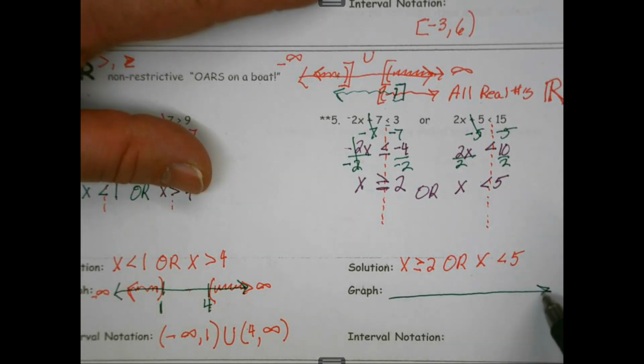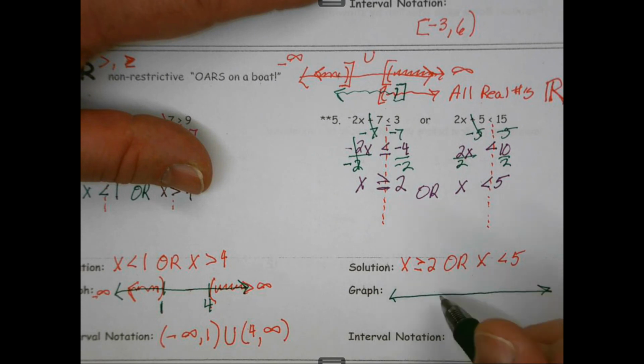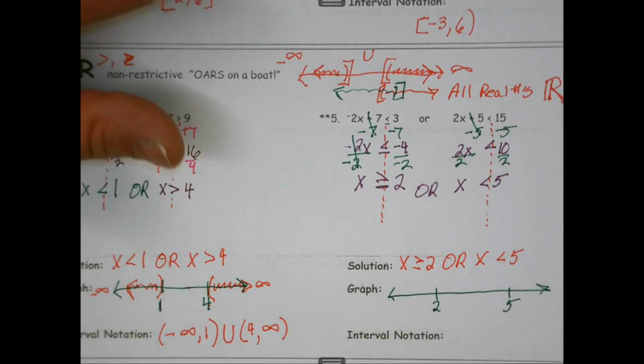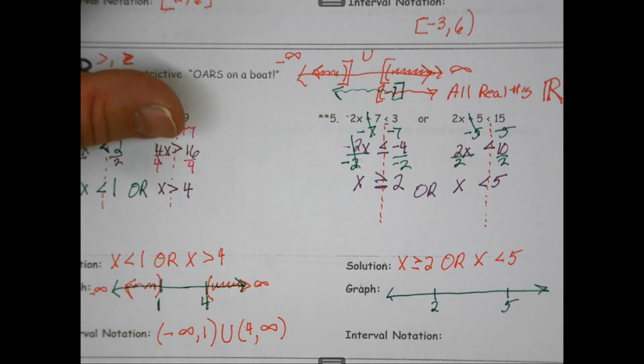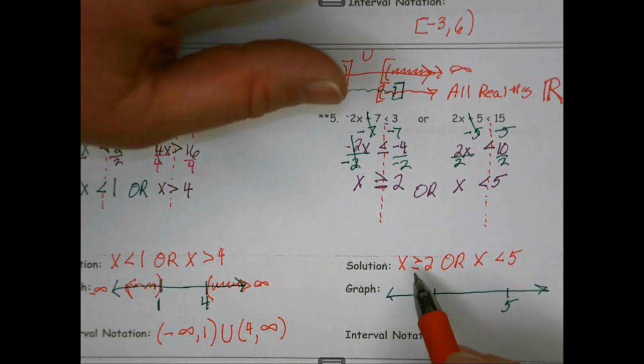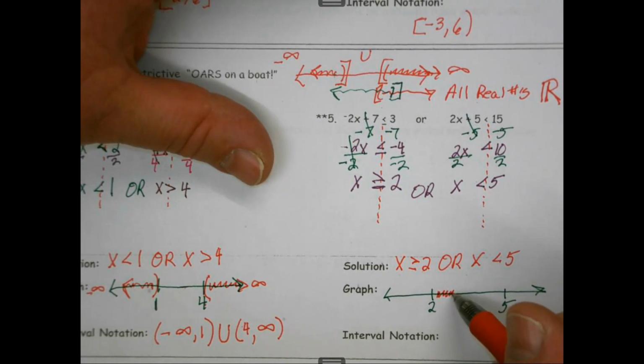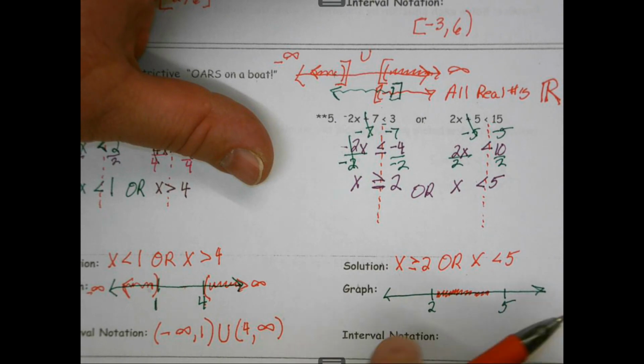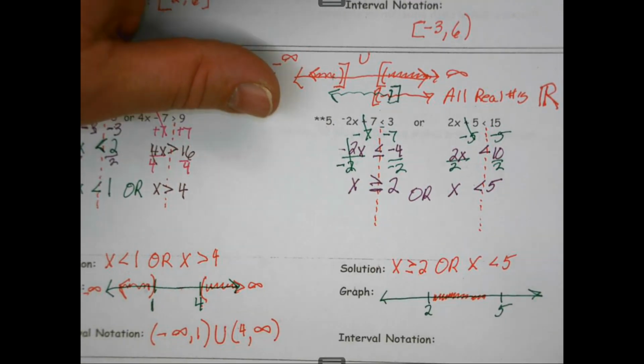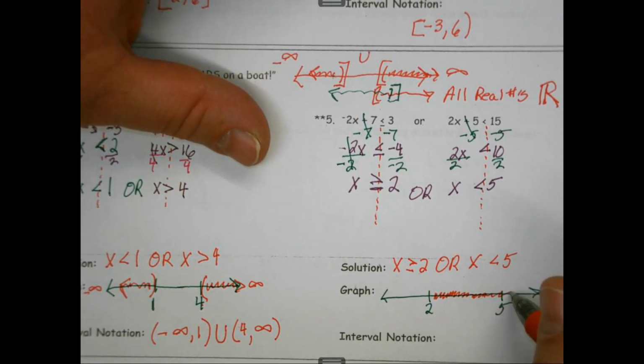There's the stars. So that's going that way. And this one, x is less than 5. Oh, by the way, that gets a parenthesis, right? x is less than 5. So this time it's going out that way. Boy, this one's really got some different things going on here.